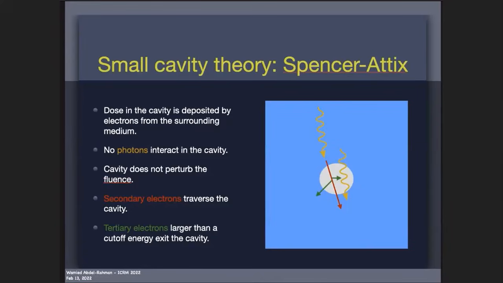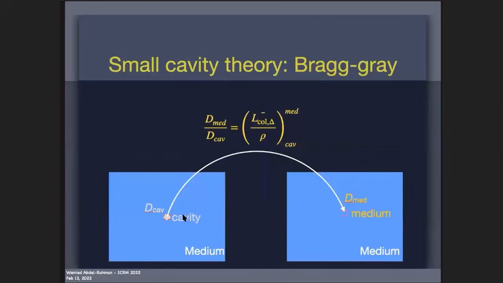And in this case, then the dose to the medium, sorry, this is Spencer-Attix, is based on the stopping powers for medium to cavity. That's how the dose in the medium is related to the dose in the cavity.